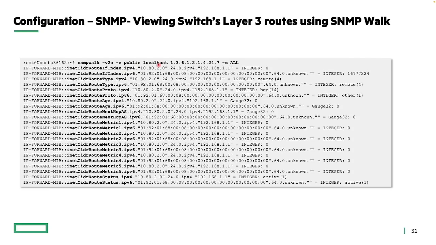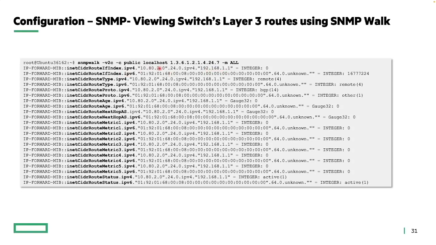Give the IP address of the switch or just type localhost, and then the OID for viewing layer 3 routes of that particular switch, and just -m all, and you will see all the route entries present in the routing table of that switch, right? It's showing both IPv4 and IPv6, as you see, 10.80.20.0/24, with the next hop 192.168.1.1. So you can just use this.